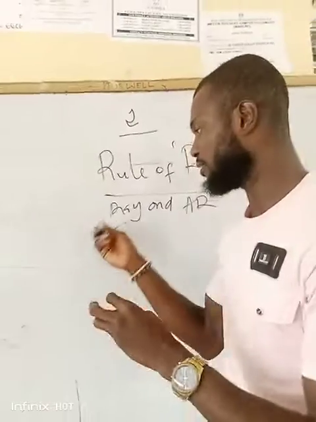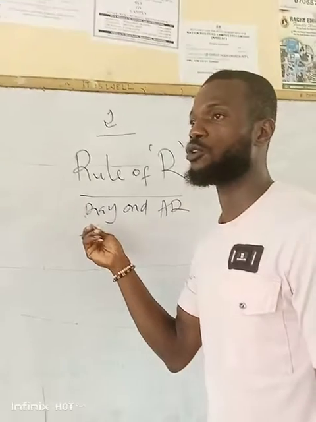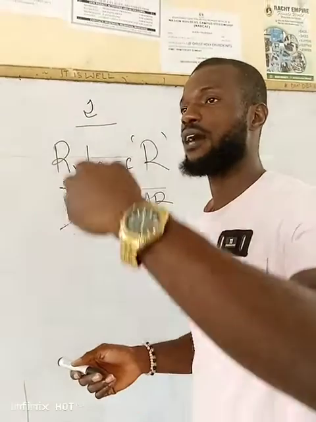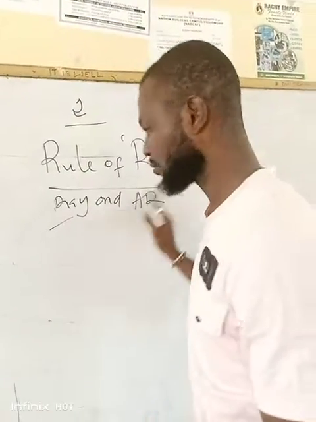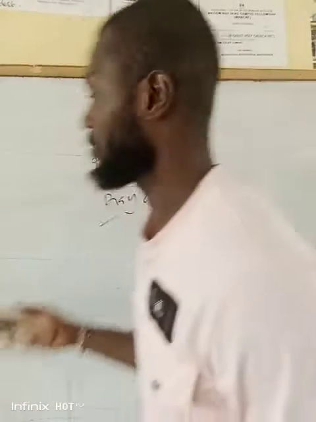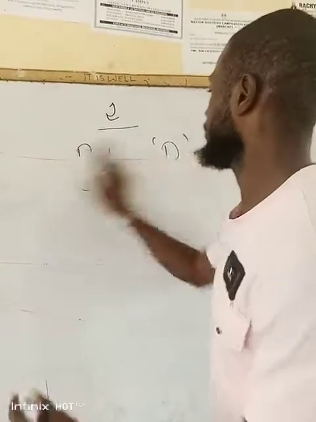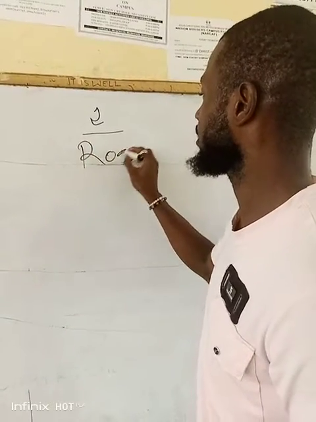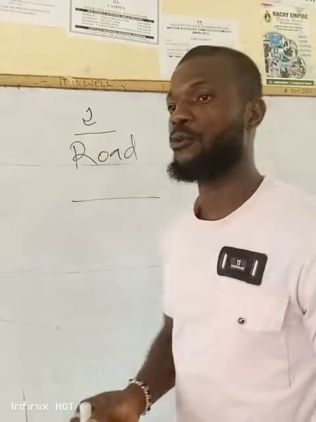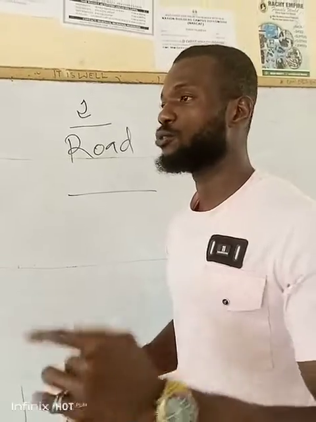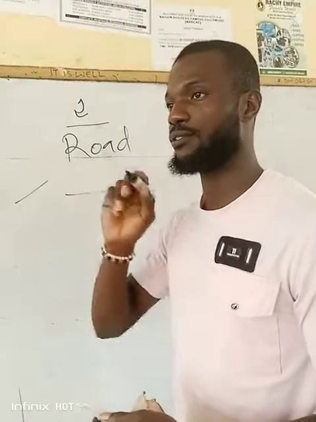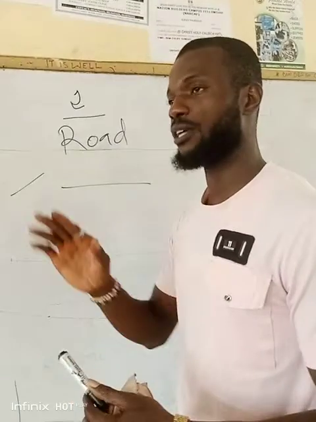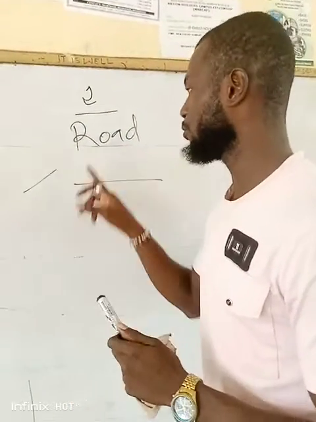Whenever you want to apply the stroke of Re in a word, whenever R starts a word, for example, like this, road. Whenever R starts the word, you use Re, that is, Re going up. Whenever R starts the word, use Re. This is an example. Road.